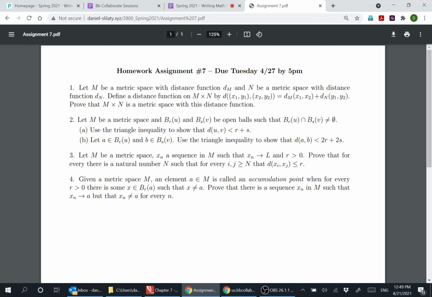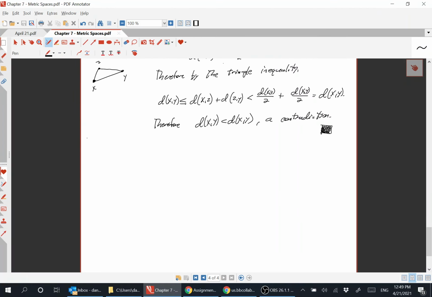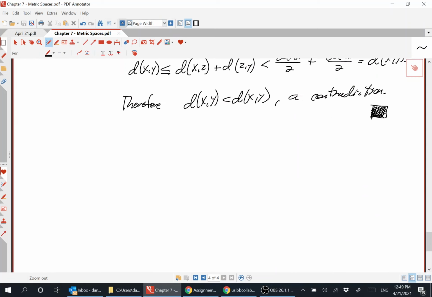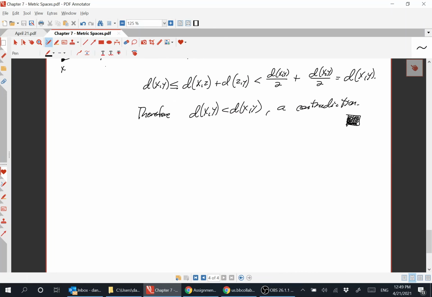Sequences. So some notation first of all. Definition, I guess. Okay.